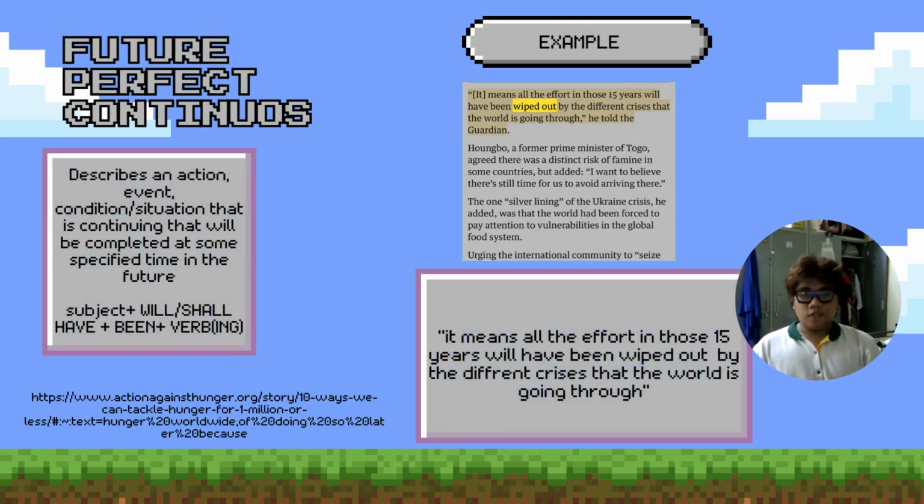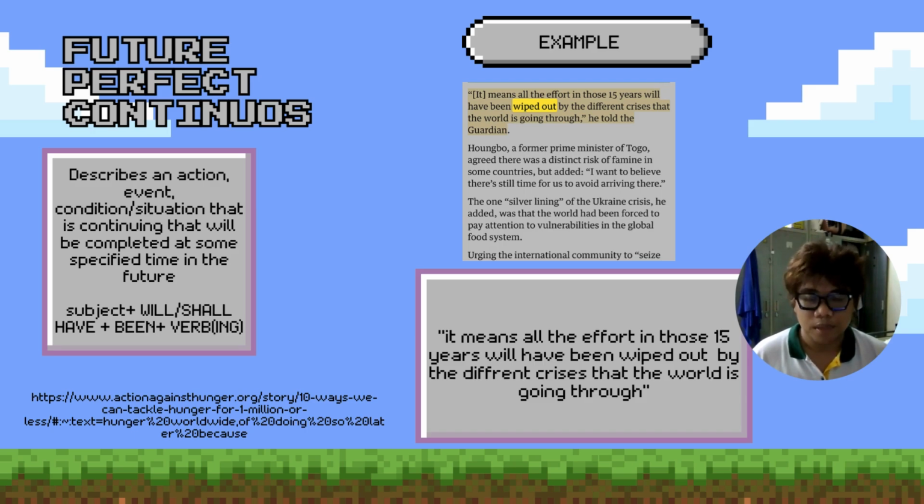And lastly, future perfect continuous tense. The future perfect continuous tense describes an action that will have been happening for some time and will be completed at a specific moment in the future. The structure of the tense is subject plus will or shall plus have been plus verb plus ing.